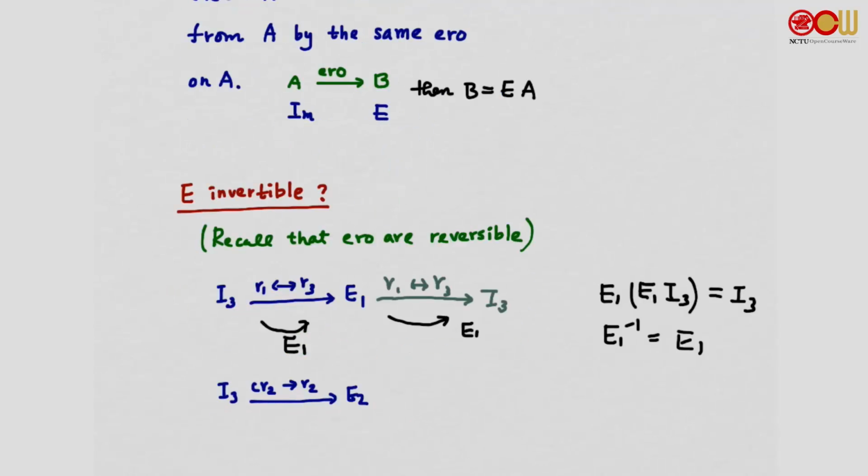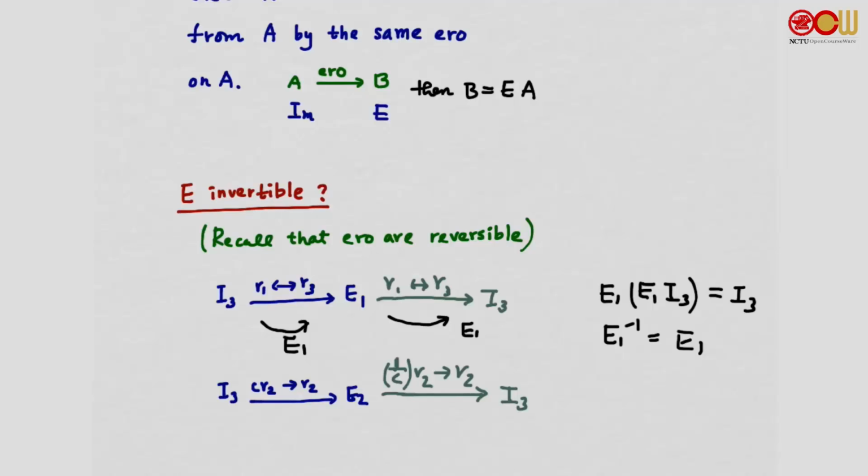How about this scaling operation? We apply on the identity matrix the elementary row operation of scaling the second row by C. How can we get back the identity matrix again? Pause and think about it. We can scale the second row by 1 over C. Then we get back the identity matrix, right? Now, what is E2 inverse?